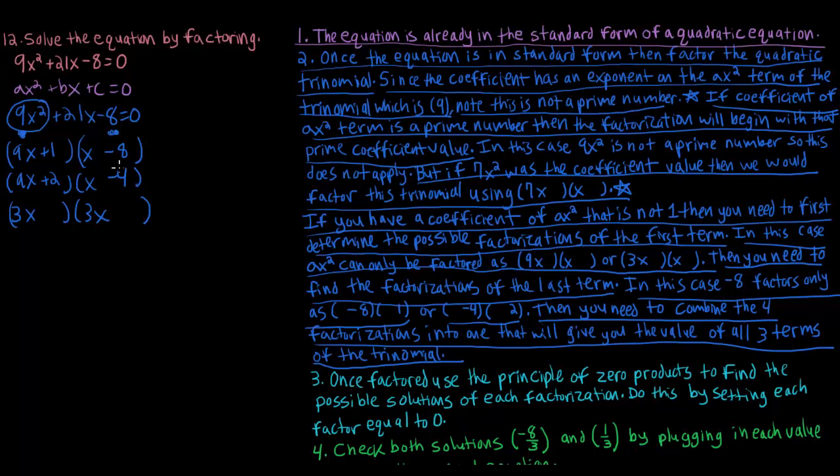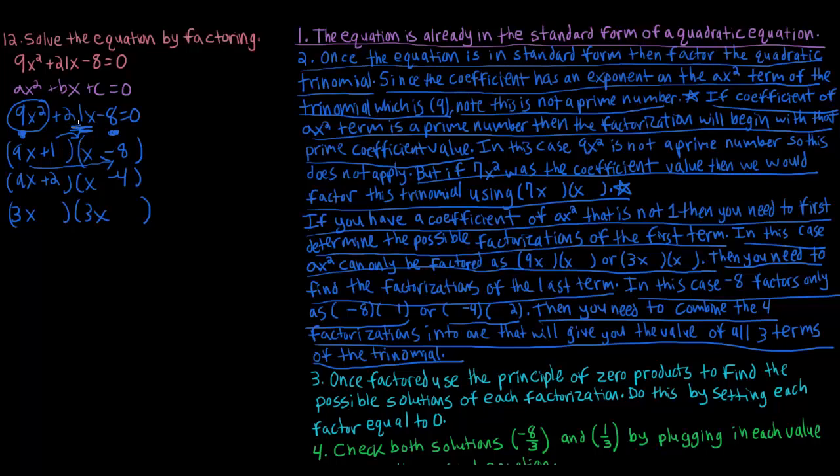Now, if we multiply 1 times -8, yes, we do get -8, but we also need to get the middle term value of 21x. When we multiply 9x times -8, we get -72x, plus 1x, which is -71x.